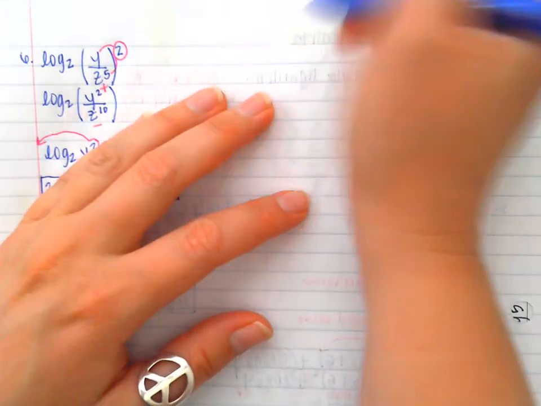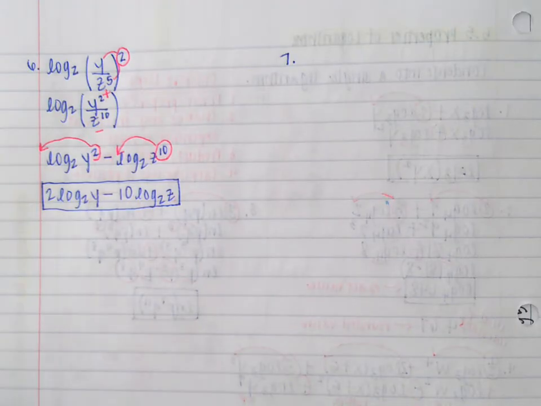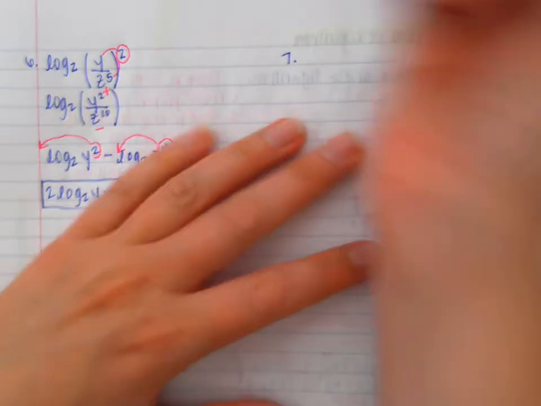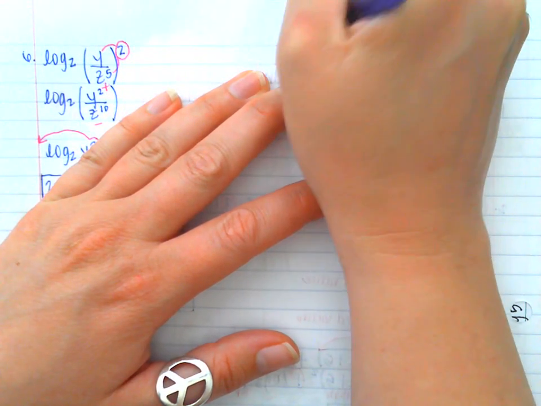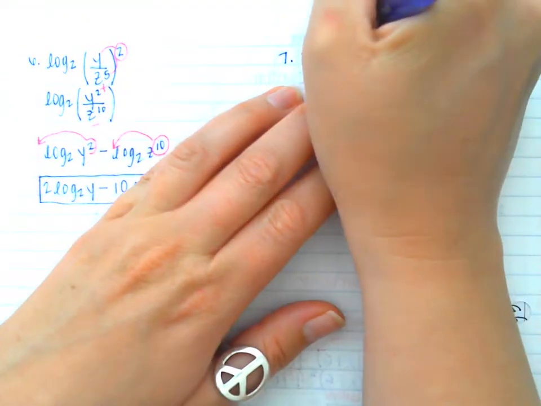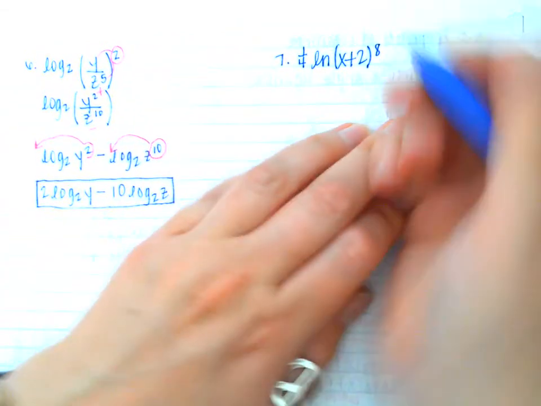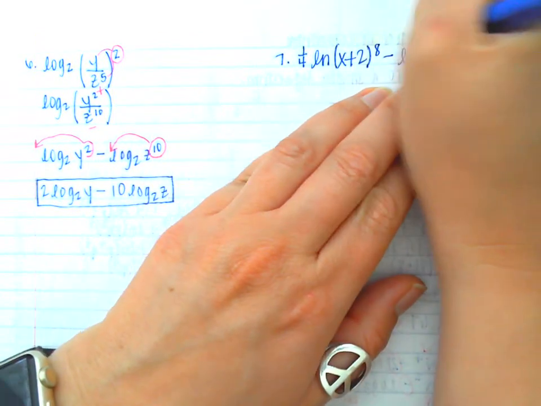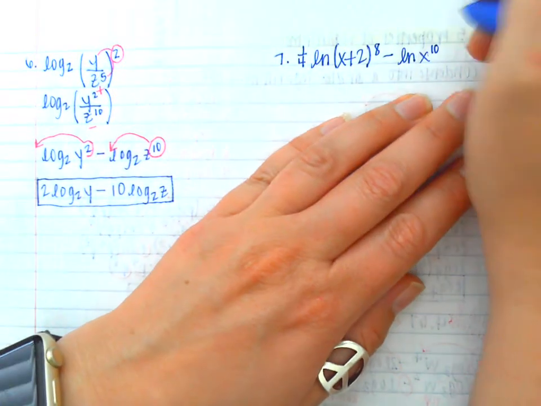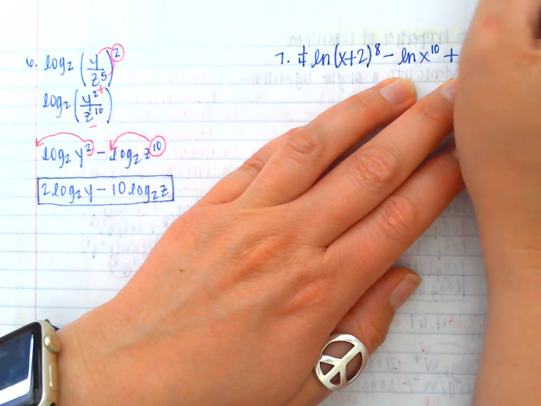Okay, so number 7. For number 7, we're going to do 1/4 ln of (x plus 2) to the 8th power minus ln x to the 10th plus 2 ln x.